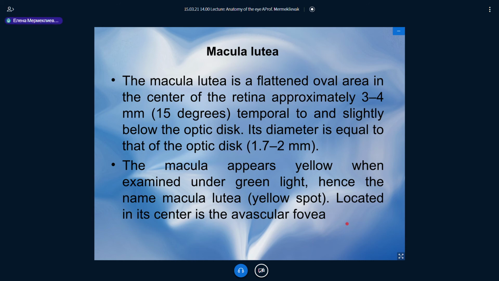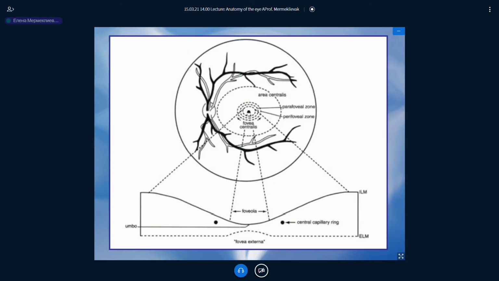The macula appears yellow when examined under green light. Hence the name macula lutea, or yellow spot. Located in its center is the avascular zone, the fovea. So, the optic disc, the vessels, and the macula.